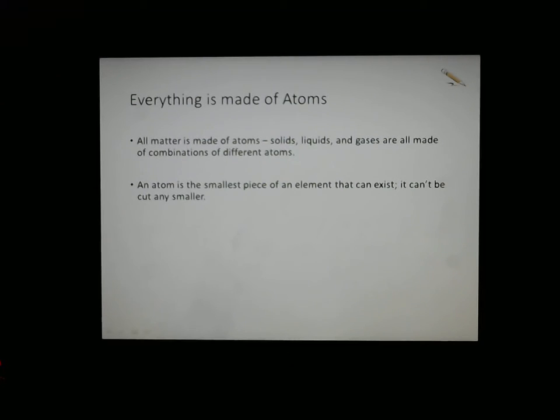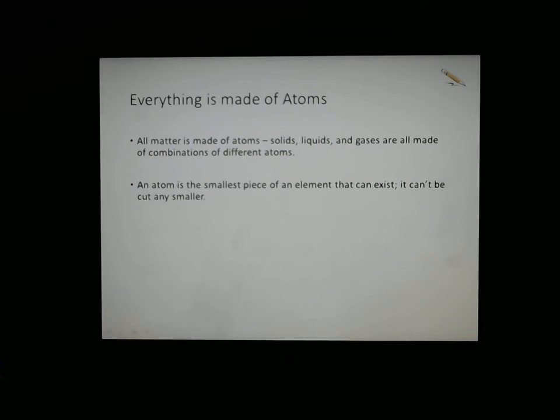So my computer has a fair amount of plastic on it, but it's also got a lot of silicon, which is another type of atom, and it'll have other types of atoms, probably a bit of gold because it's a very good conductor, likely a few rare earth metals, copper it would probably be a big part of it as well. My table is made of wood, so there'd be a lot of carbon and hydrogen and oxygen in that.